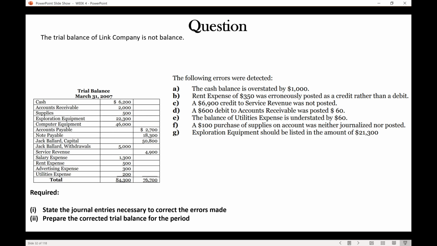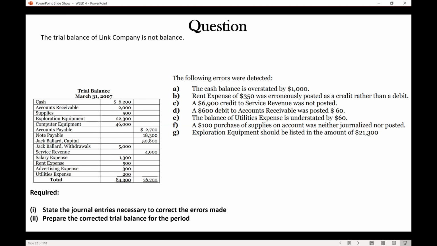So here, we're not using suspense, but we're using our knowledge of how to journalize transactions. So you purchased what? Supplies. Supplies is an asset. So when supplies increases, we will debit. So we're debiting our supplies account. How did we make the purchase? On account. So it's accounts payable.